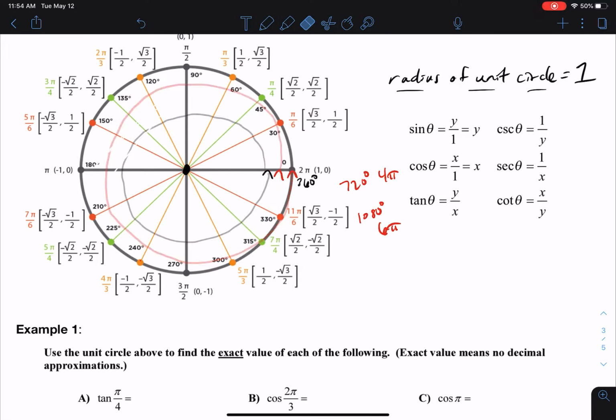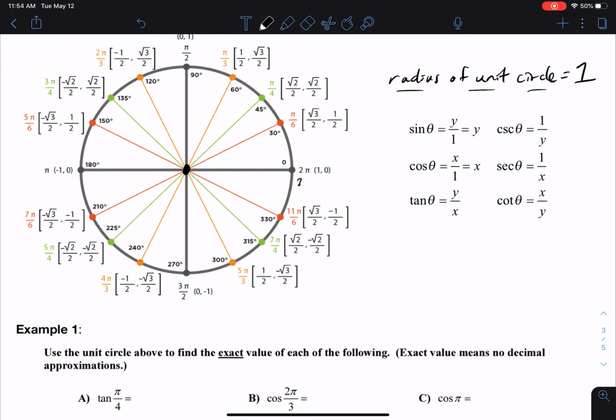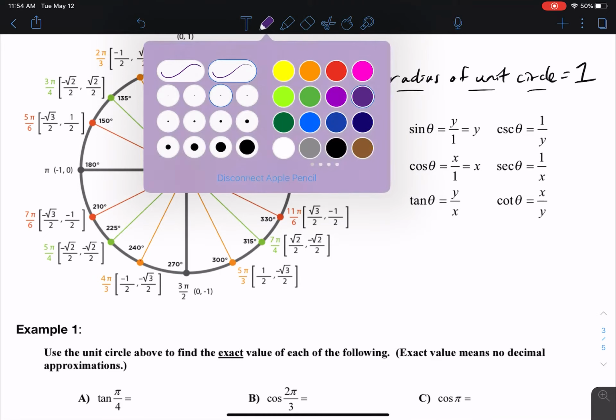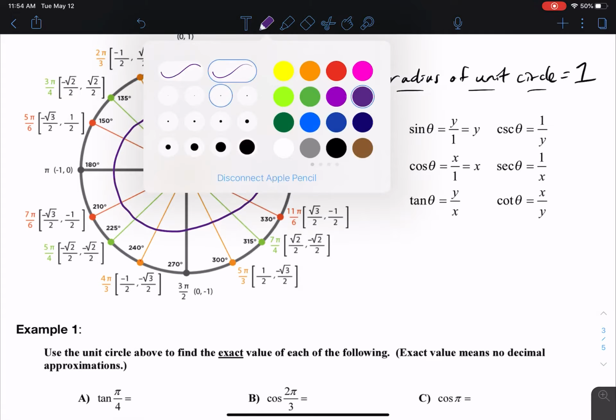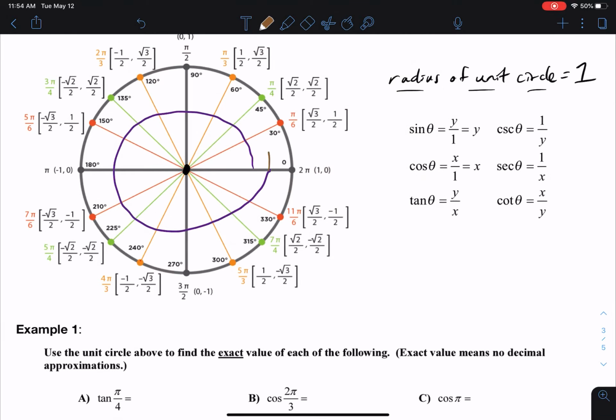Let me erase some of this stuff. I know I'm going to go around once, that's 360. Now I need to go 225 more, so I end up right here at 225.